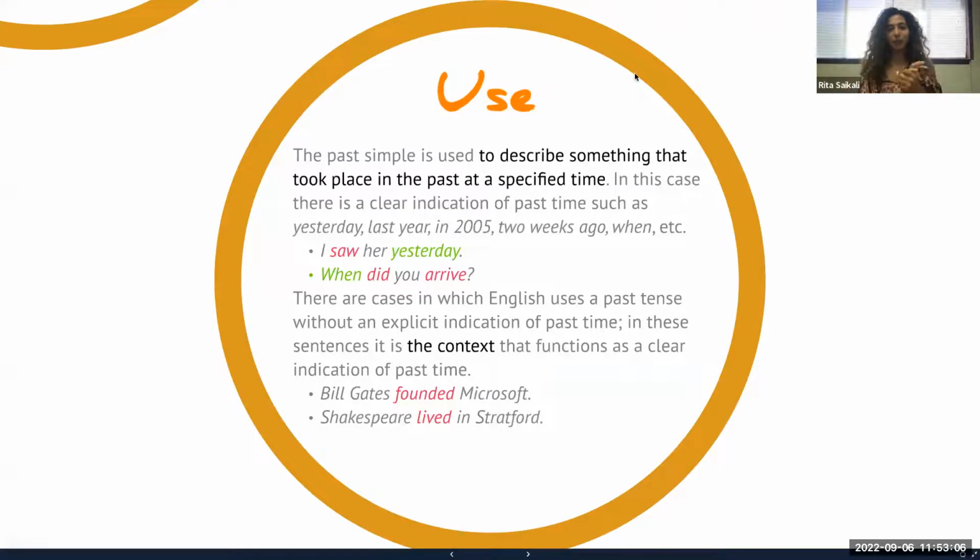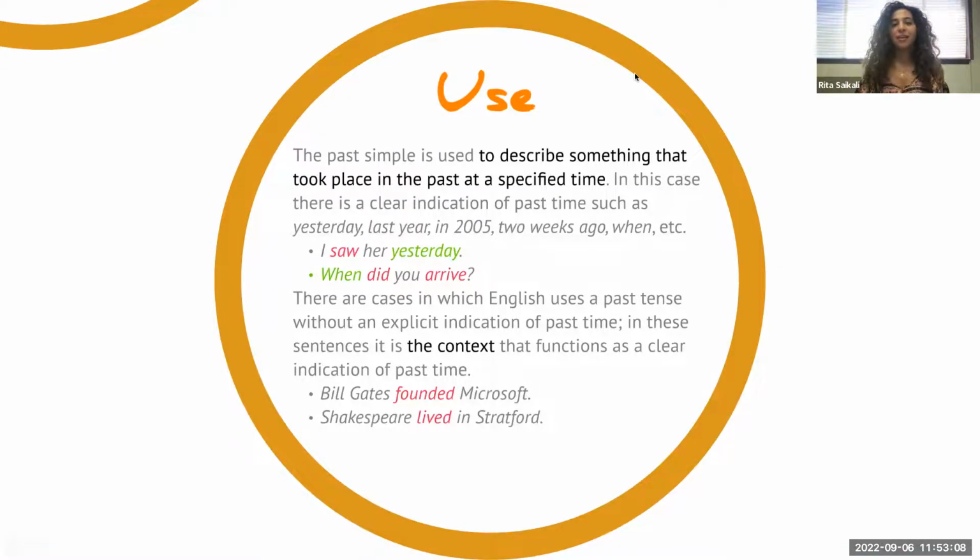All right, we're back from the pause. So, simple past. We use it to describe something that took place in the past at a specific time. So, for example, I saw her yesterday. That's something that happened at a specific time in the past.